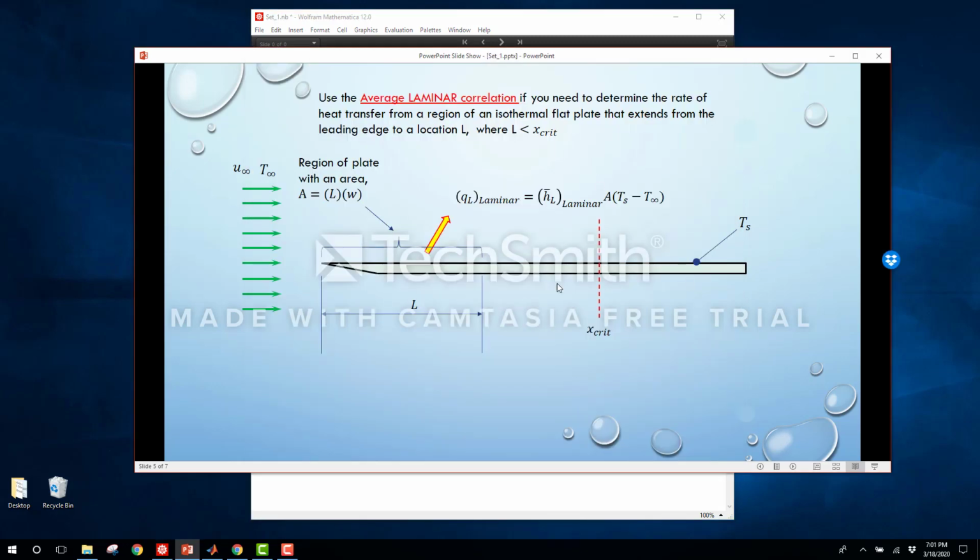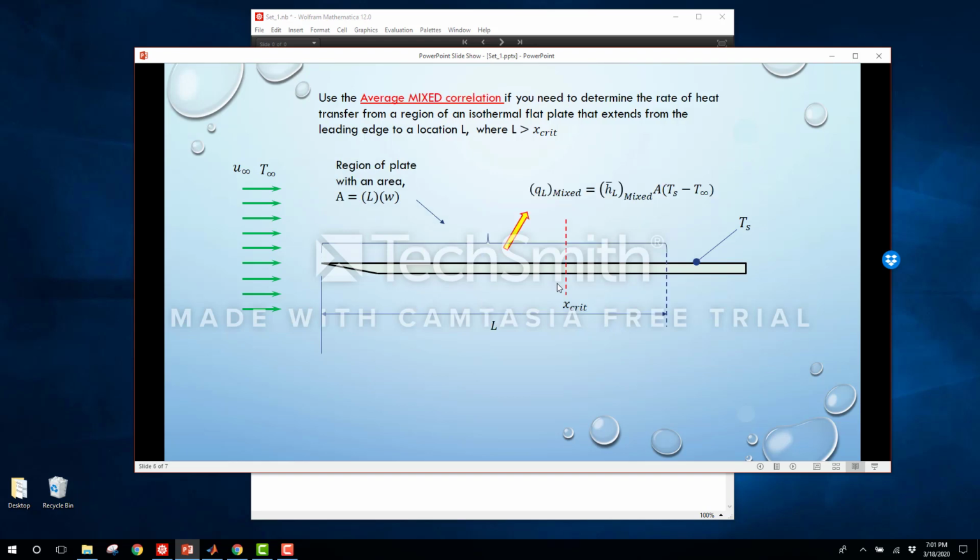Now, the next thing we might want to look at is a situation where we're still looking for an average rate of heat transfer from the leading edge up to some distance that is past the X critical location. So this is referred to as an average mixed correlation because the area of interest includes both laminar and turbulent areas of the plate.